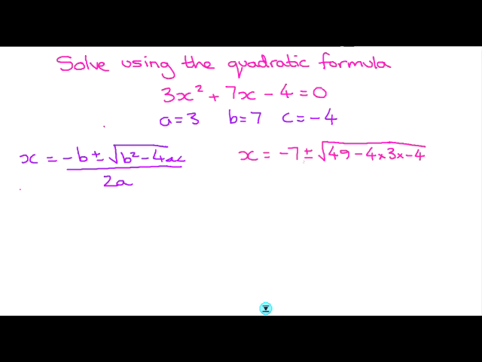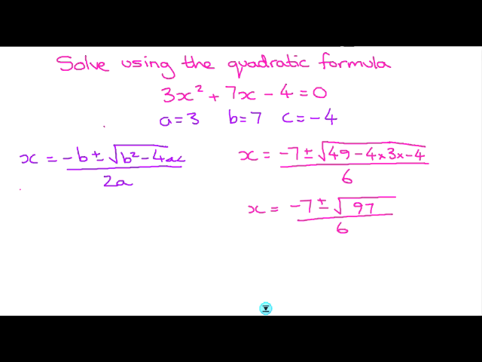All over 2a, 2 3s are 6. So let's start to tidy up. So we've got basically 4 3s are 12, times 4 is 48. So we've got 49 plus 48, which is 97 all over 6.